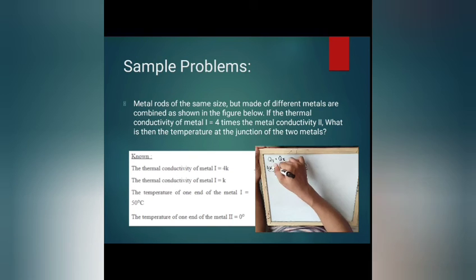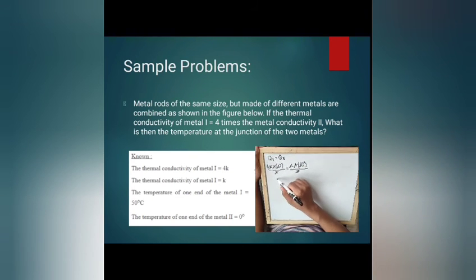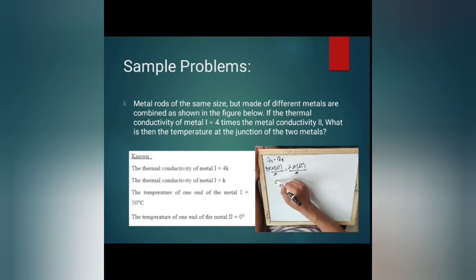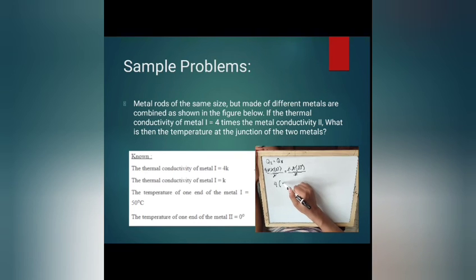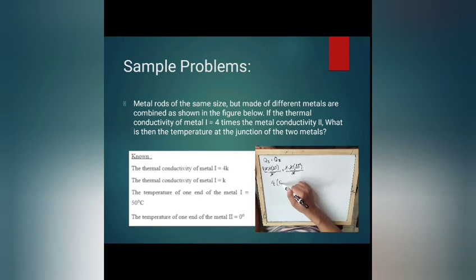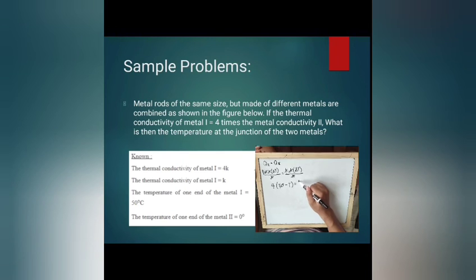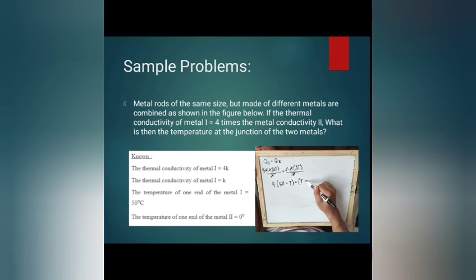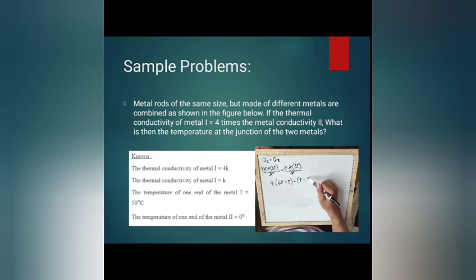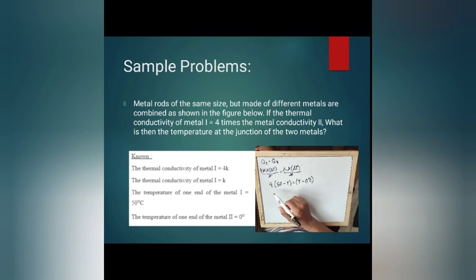So we are left with 4 times the delta T, which is from 50 degrees Celsius minus the temperature in between, is equal to the temperature in between minus 0 degrees Celsius, which is the temperature on the other end.